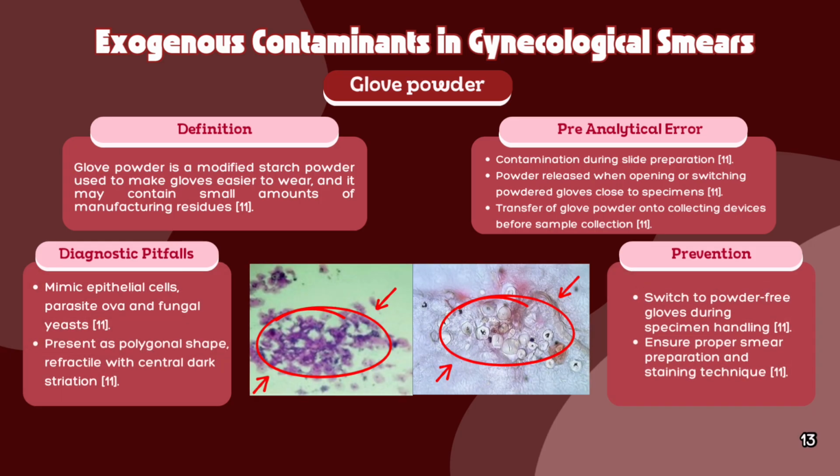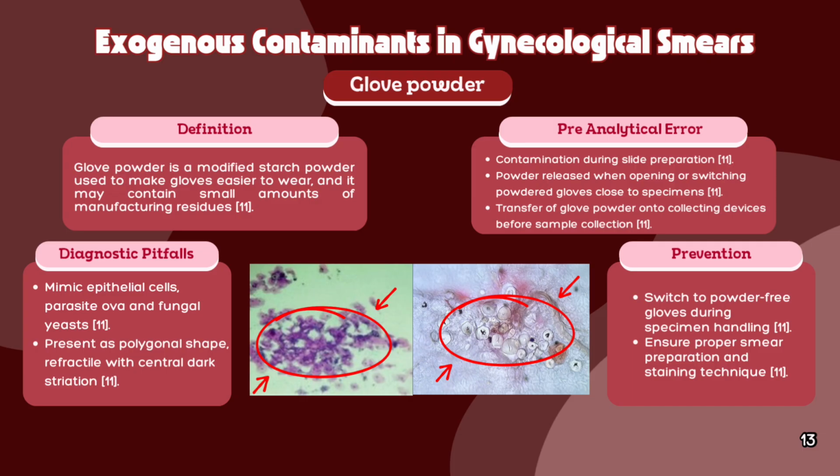Moving on to glove powder. It is a modified starch powder applied to gloves to make them easier to wear. This contamination usually occurs during specimen collection and slide preparation. For example, powder may be released when changing powdered gloves near the specimen, or it may be transferred onto the collecting device before sample collection.